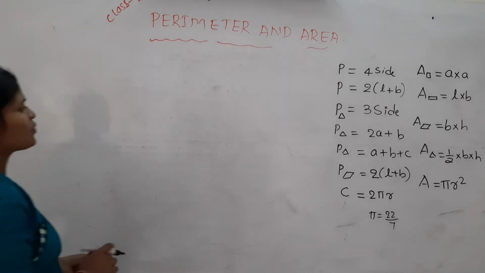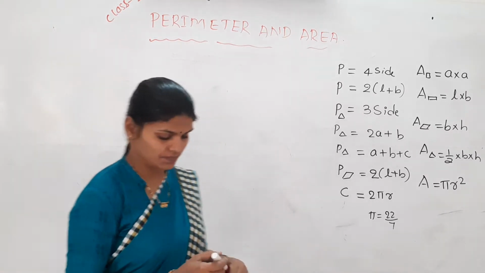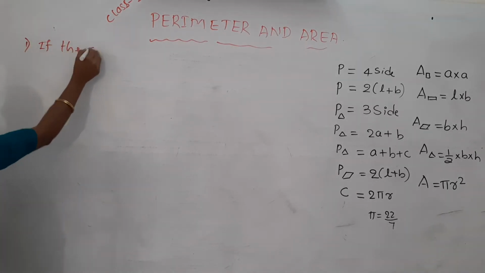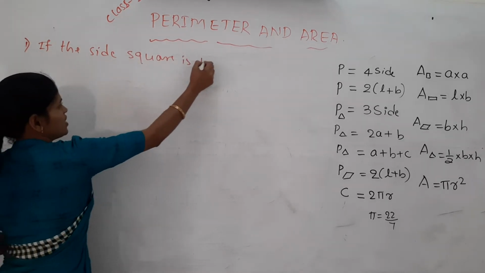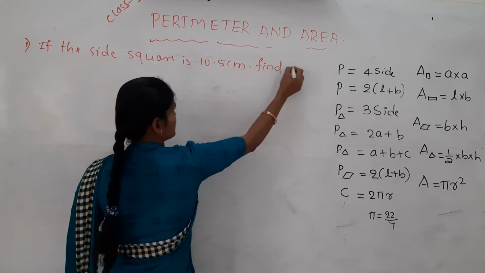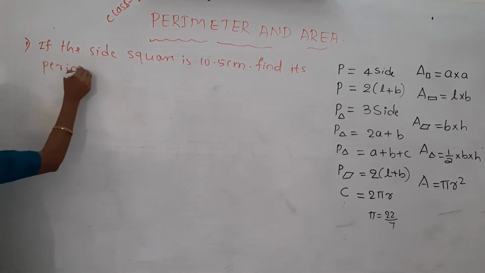Let me take one question here: if the side of a square is 10.5 centimeter, then find its perimeter. It is too easy.